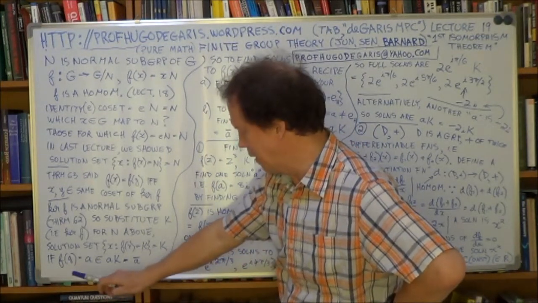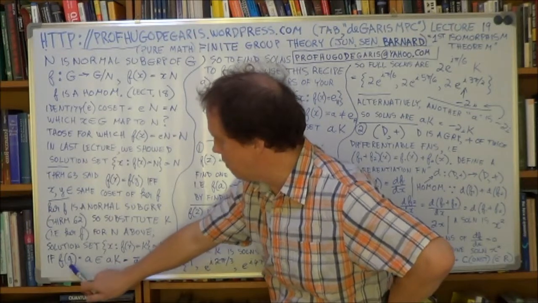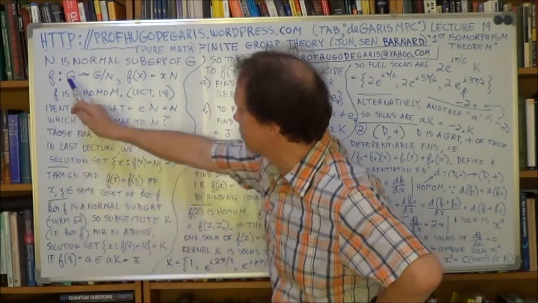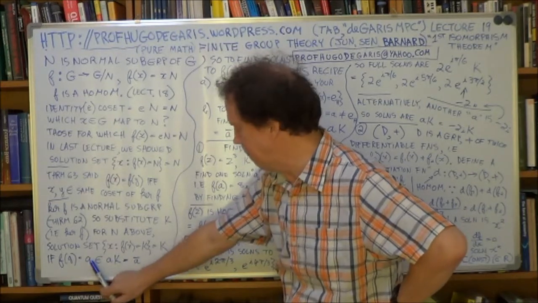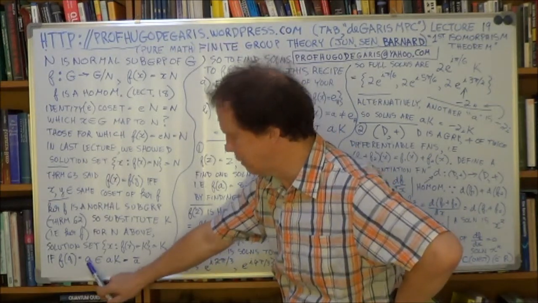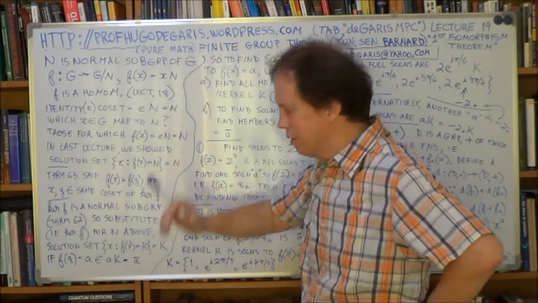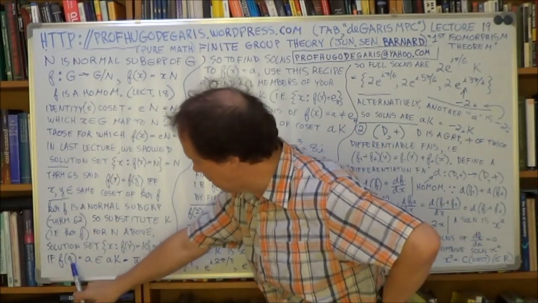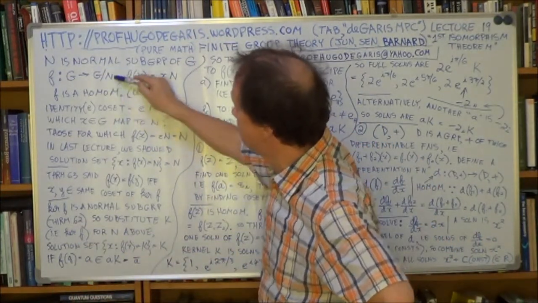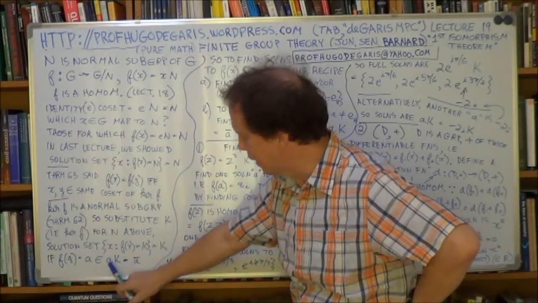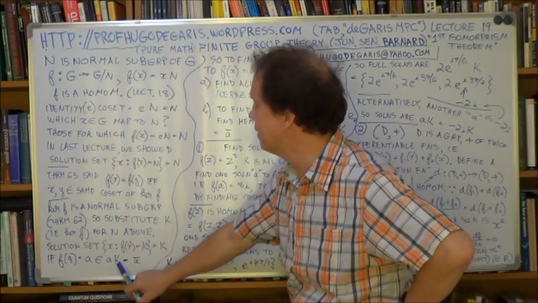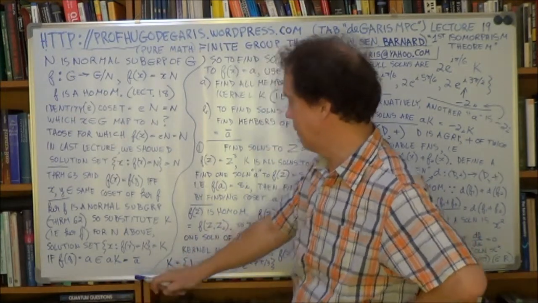Now, in general, if you map any little g, which is just a member of big G, and you get some element a, now a is just some solution, some element belonging to H. Now a will belong to the coset aK.